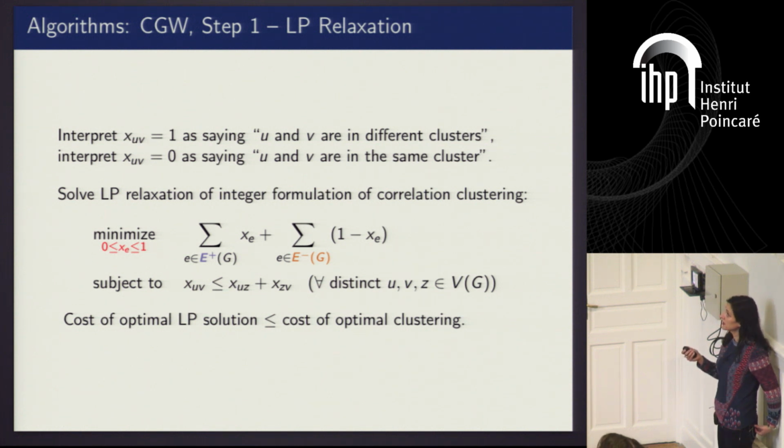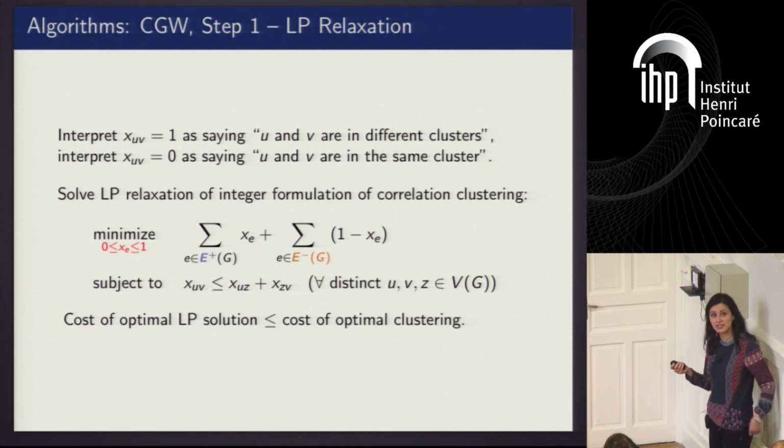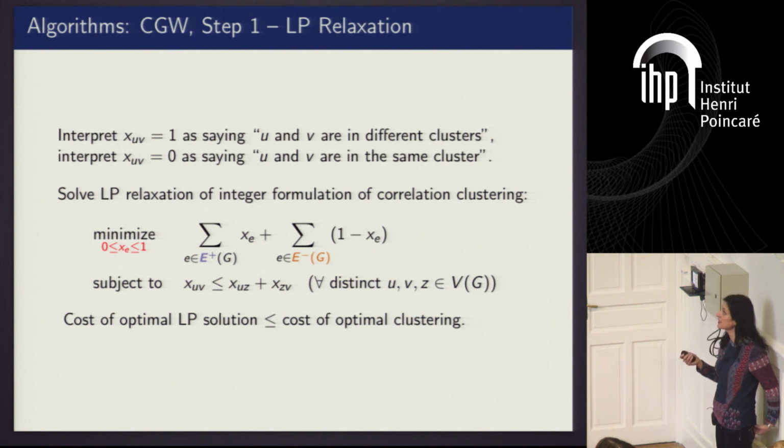And the interpretation is pretty straightforward. If I have two vertices in a graph, I assign an indicator variable to each edge, and I assign the value 1 to the edge if U and V are in the same cluster, if the endpoint vertices are in the same cluster, and I assign the value 0 if U and V, sorry, the other way around.